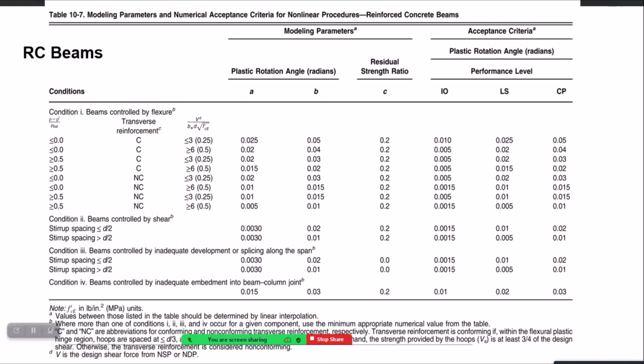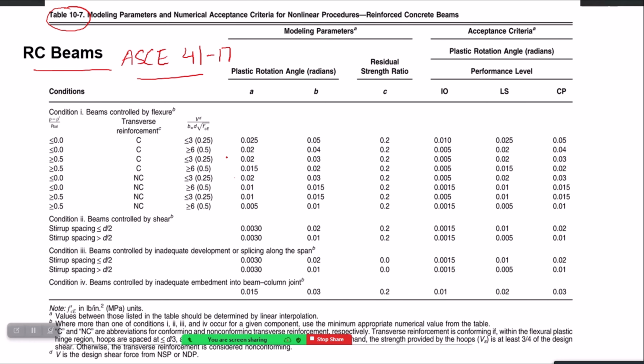In terms of hinge properties, let's see now the actual table from ASCE 41, which gives you these 3 modeling parameters and 3 acceptance criteria. So here is the ASCE 41 table for modeling of reinforced concrete beams, and it is Table 10-7. It is actually 41-17.